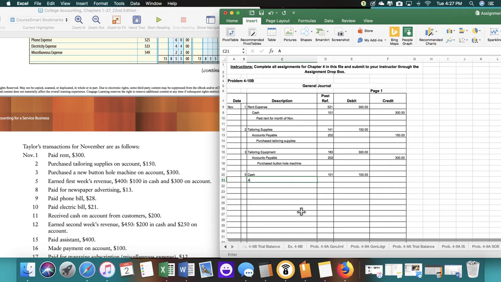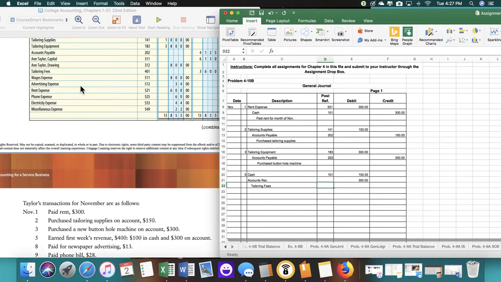And $300 on account, so that's going to be accounts receivable. I'm going to abbreviate here to make life a little easier, of $300. And then it is going to be tailoring fees if we look above. Tailoring fees is 401.